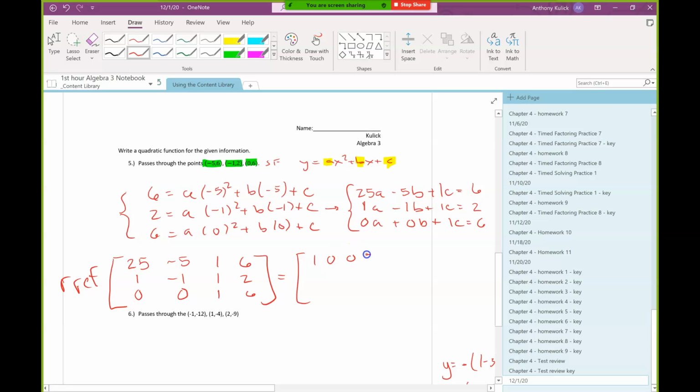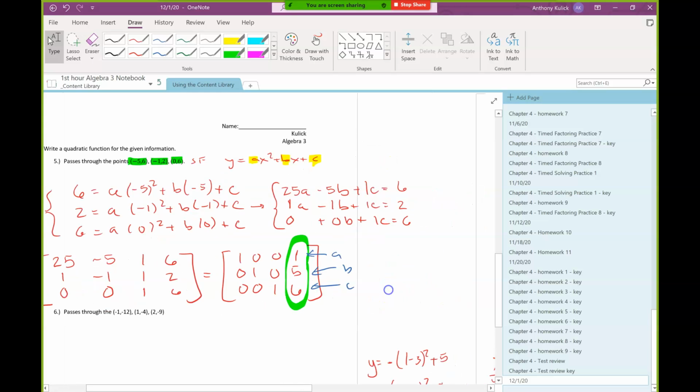So what this output was is this, but the part that I really care about is just this last column. Because this last column is just giving my values for my A, B, and C. So my answer would be 1x squared plus 5x plus 6. And I'm all done.